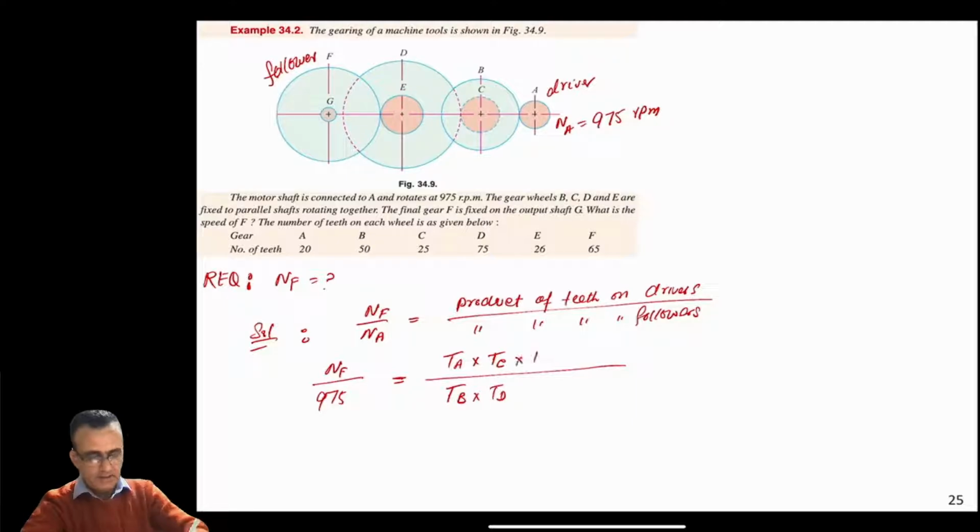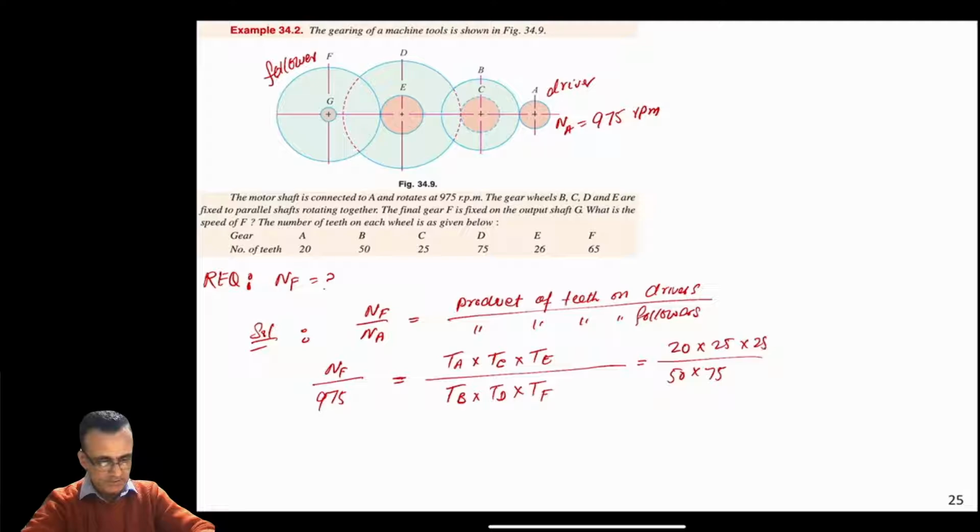E is again the driver here, and F is again the follower. You will just use this equation here, and you are given all the numbers of teeth: 20, 50, 25, 75, 26, and 65. If you just do these calculations, you will get NF, which will be 52 rpm.